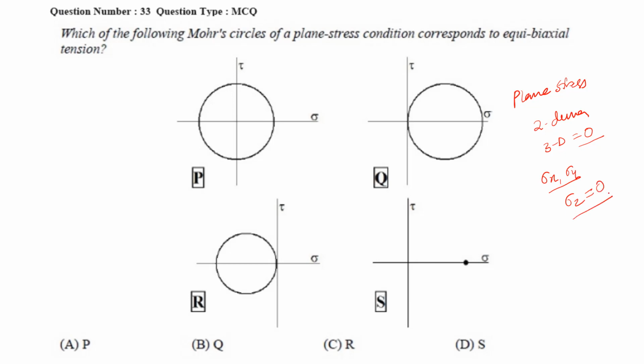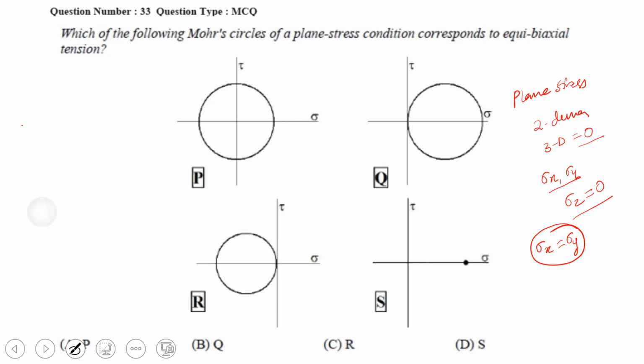Okay, so this is a 2-dimensional plane stress condition Mohr circle. And here it is given that this is equibiaxial tension. That means sigma x and sigma y are in tension and both are equal. So what will be the corresponding Mohr circle? To draw a Mohr circle, we just need to remember the equation, and from that you can know everything.